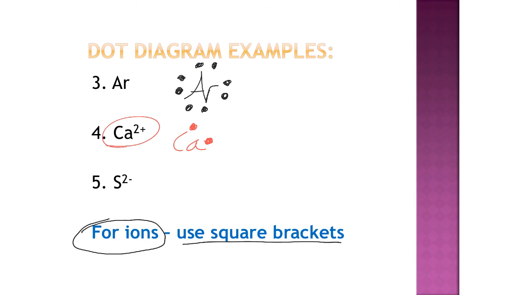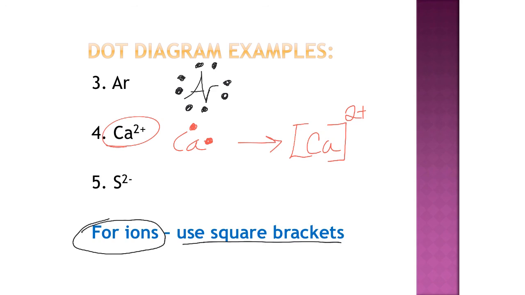Calcium with a +2 charge means it has lost 2 electrons. So you are going to draw no valence electrons because it lost 2 electrons, square brackets because it's a charge, and then put the charge on the outside.